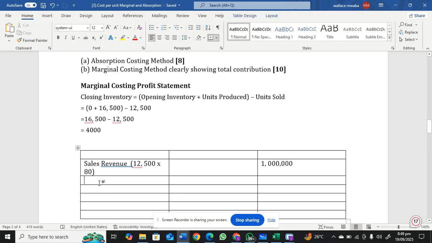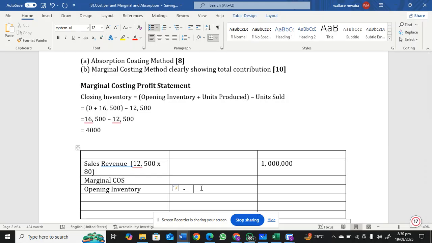Okay. So next, just like in the trading account where you tabulate the cost of goods sold, here it's the marginal cost of goods sold. The first item when you're tabulating this is your opening inventory. Now we haven't got any opening inventory, so here we'll leave it as a dash.